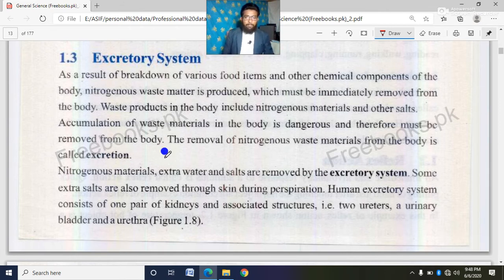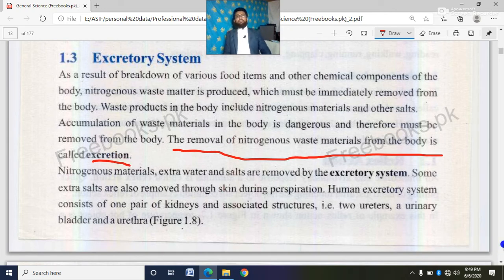Dear cadets, the removal of nitrogenous waste material from the body is called excretion. Nitrogenous materials, extra water, and salts are removed by the excretory system.